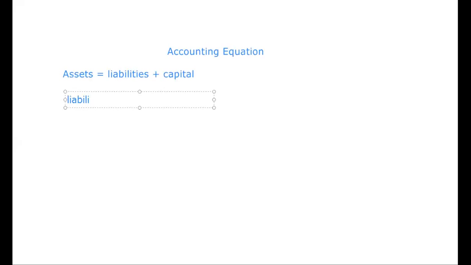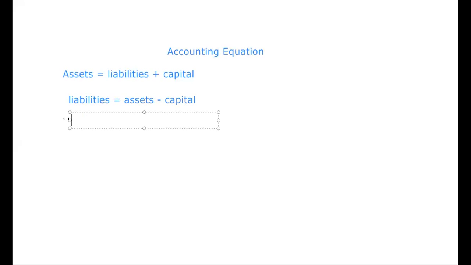Like liabilities is equal to, if we change the side of capital, it will become assets minus capital. We can derive one more formula from this.